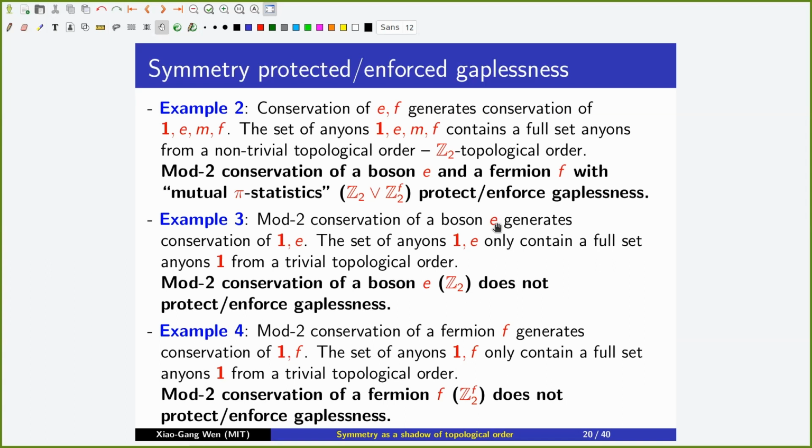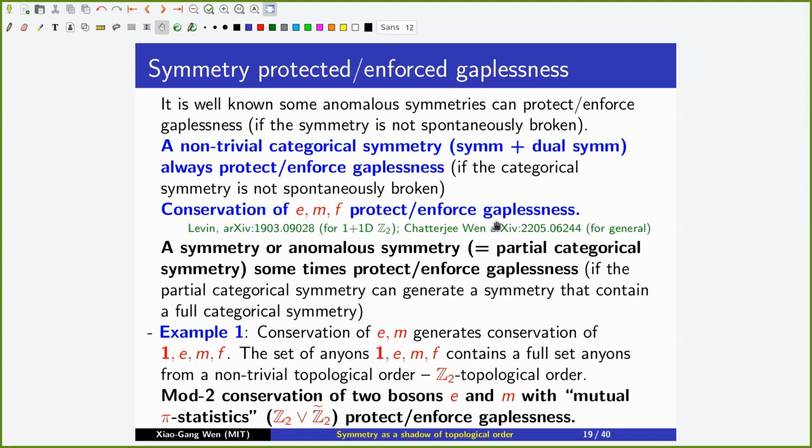However, this Z2 symmetry already implies the categorical symmetry of E, M, F, already implies all three. And if you insist that two of them, say E and M, do not break, then you have an anomaly.